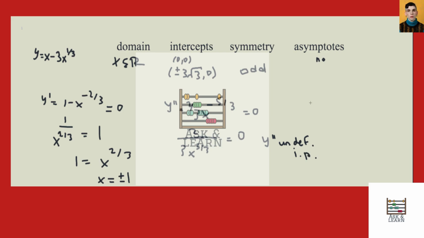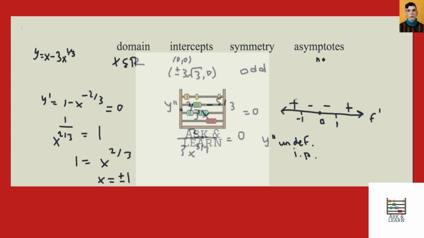All right, and now if we draw our line, and we put negative 1, critical point, and then also 1, and then we put our inflection point, 0. And we're doing the first derivative test. And we can see that this is positive here, negative here, negative here, and positive here.